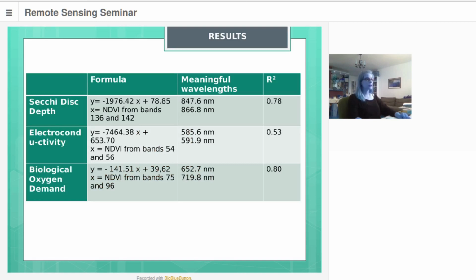And here are the formulas for water quality. For the Secchi disk depth, I use two wavelengths with R square 0.78. For electric conductivity, I use these wavelengths with R square 0.53. And for biological oxygen demand, I use those wavelengths with R square 0.80.